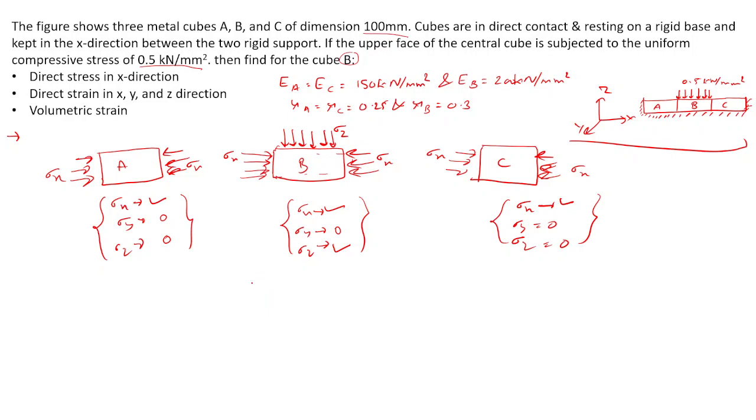Why sigma y won't be there, sir? Actually, in y direction, no restriction is there, no? It may expand its dimension in y direction, right? So strain would be there. I'm not saying strain won't be there. I'm saying stress is not there.